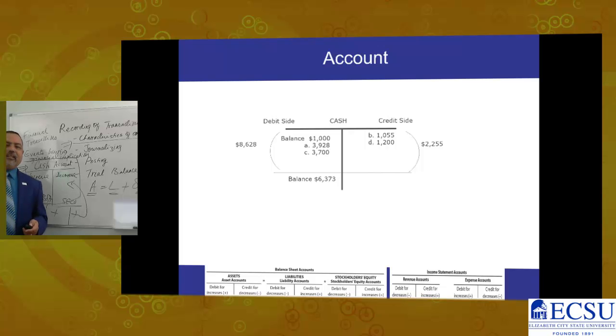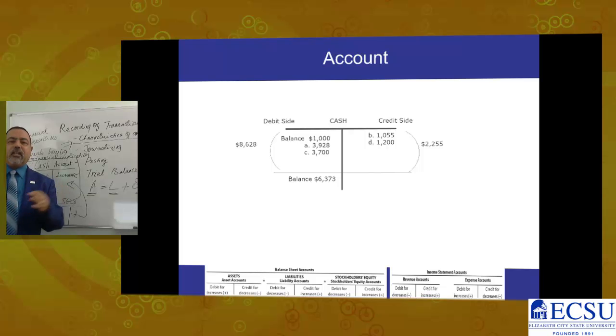And again, I received some money, 3,700. That has also increased it. So that's why I'm putting everything on the debit side. You can see those figures there. On the credit side, I have two payments totaling 2,255. And on the debit side, the total is 8,628.